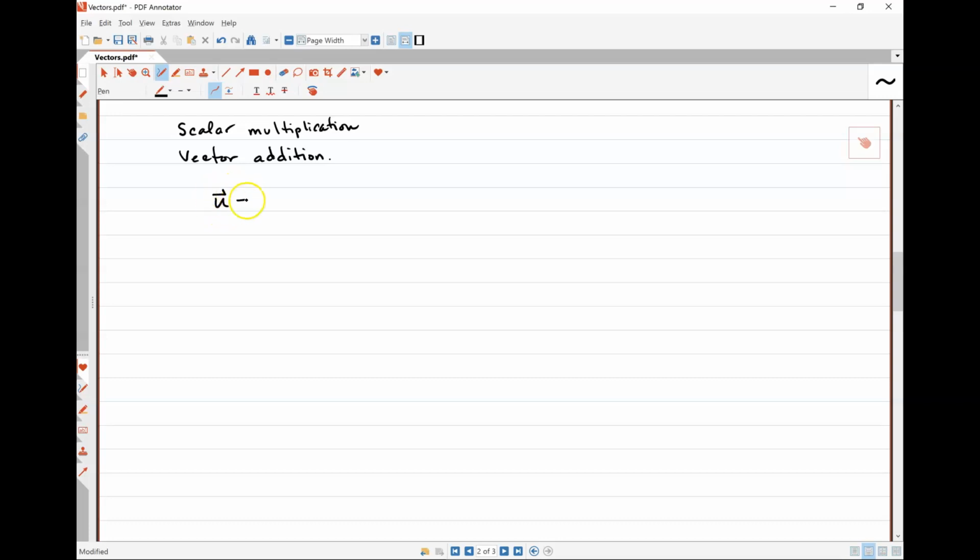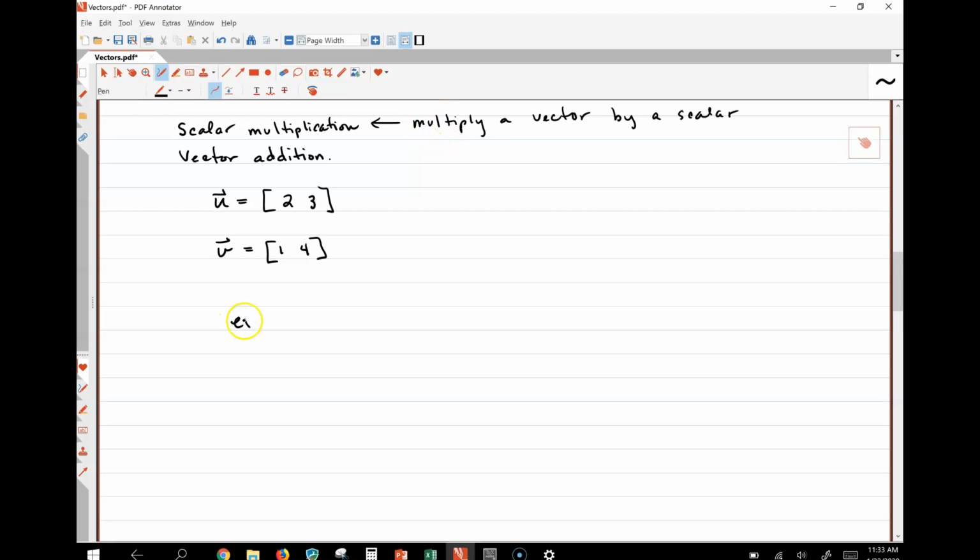Let's take vector u. Let's say this is (2, 3), and vector v can be (1, 4). All right, so scalar multiplication basically just means multiplying. So let's just see an example of that.